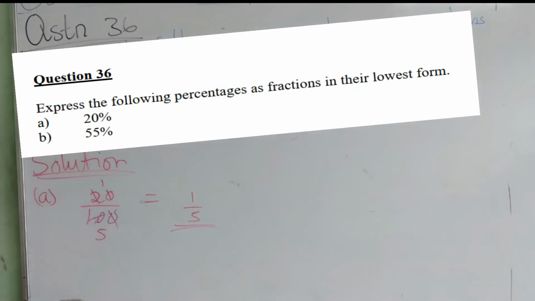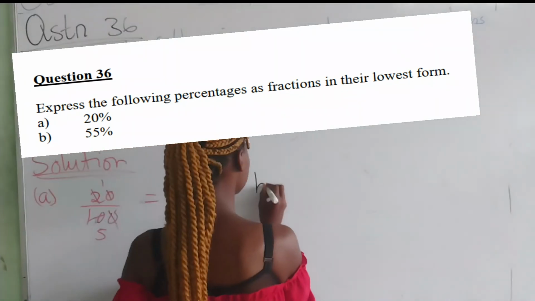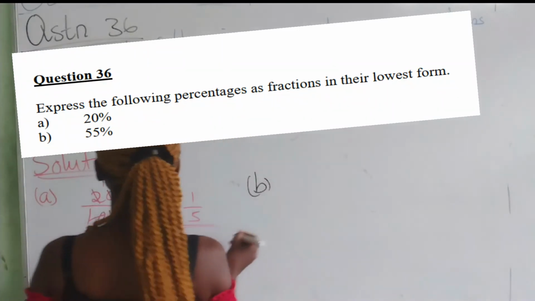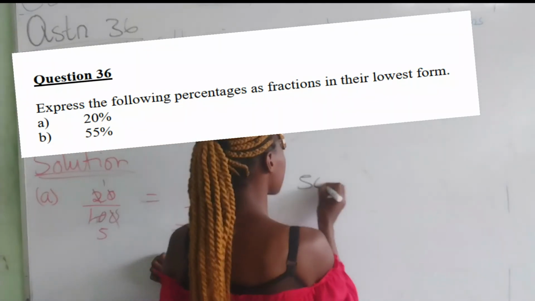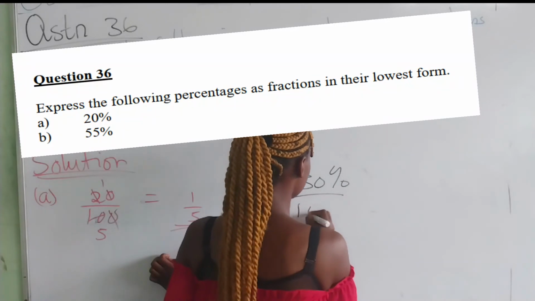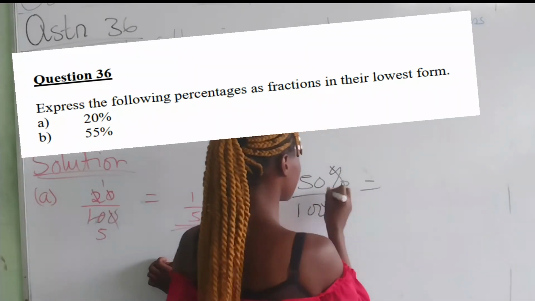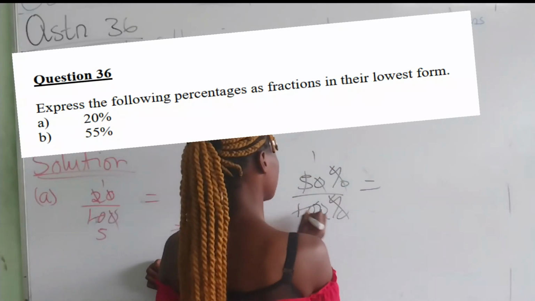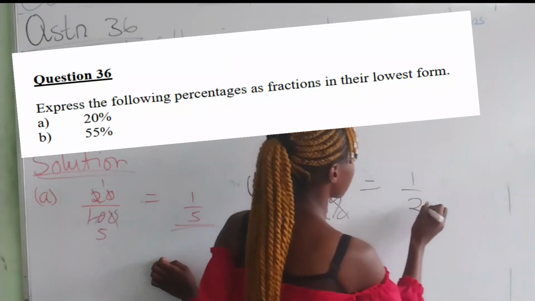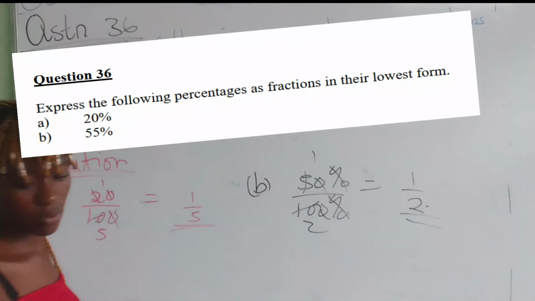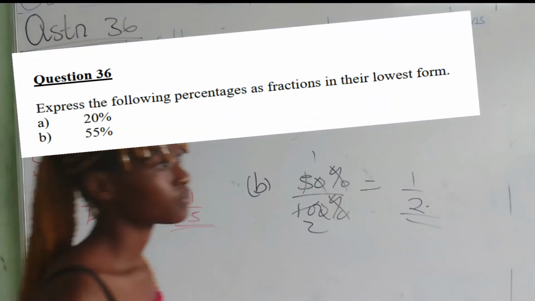That would be the lowest term. Part B, 50%, it's going to be half. I hope you're seeing what I'm doing.